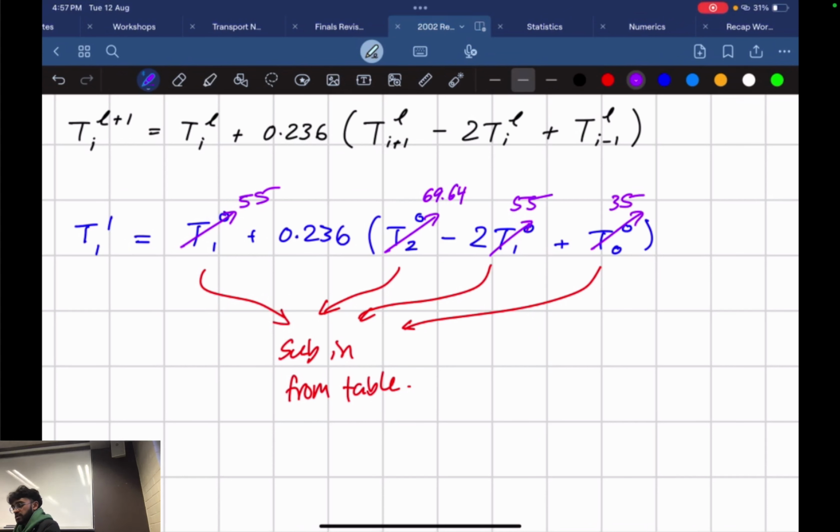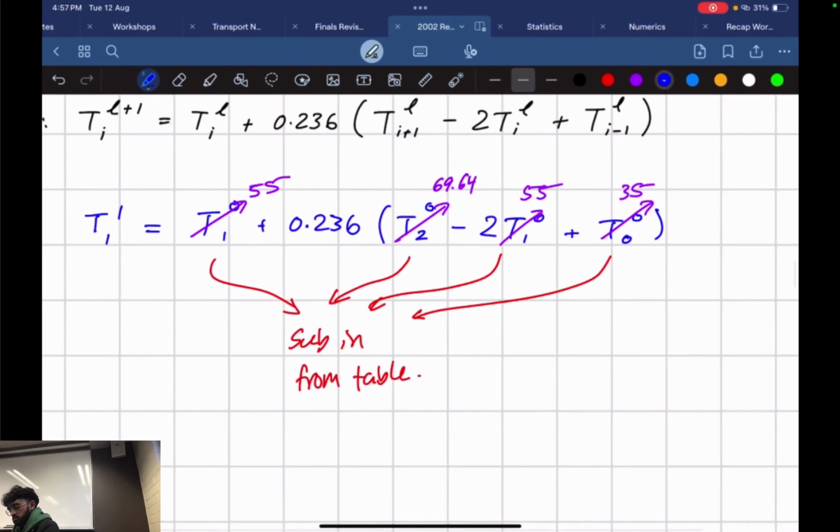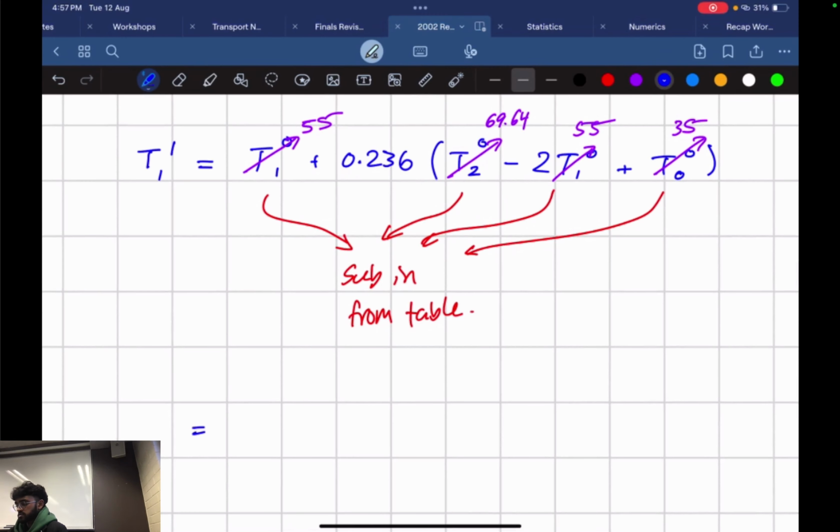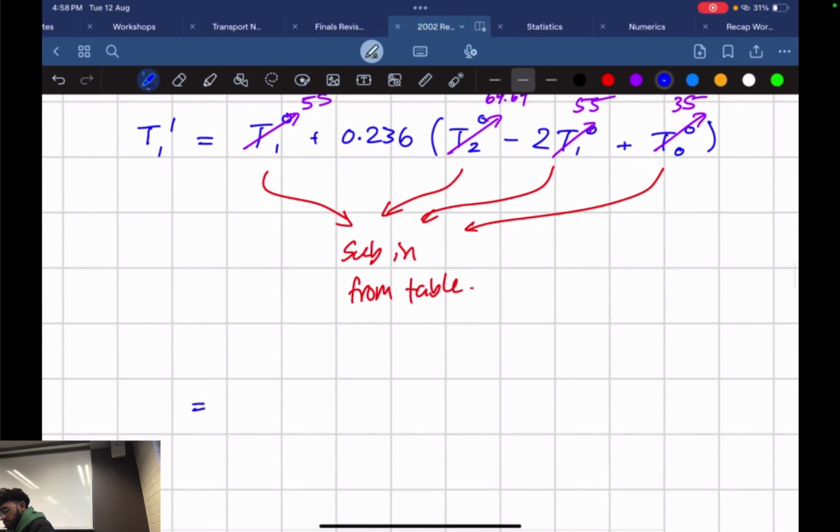You're going to sub in your values, and you can do it in MATLAB, you can do it wherever. You get 53.735. Okay, any questions about how I use the explicit formula?